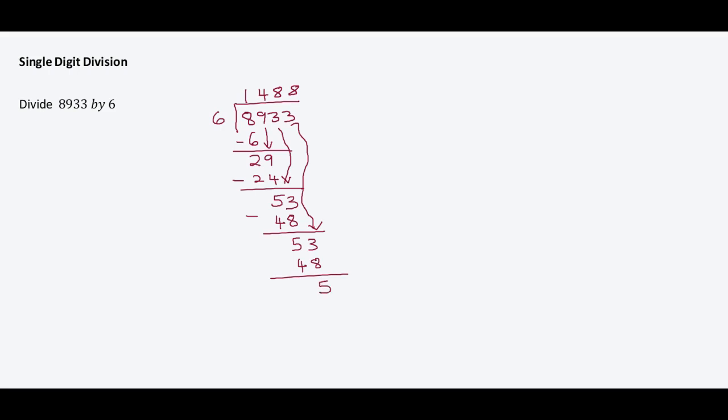Because we can go no further, we have a remainder of 5. So 8933 divided by 6 equals 1488. We're going to use R for remainder and then 5.